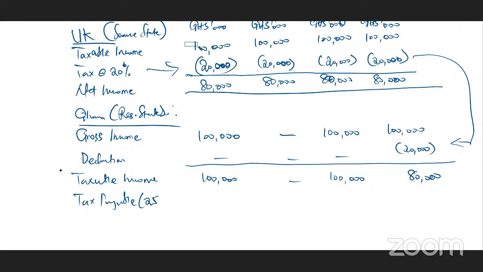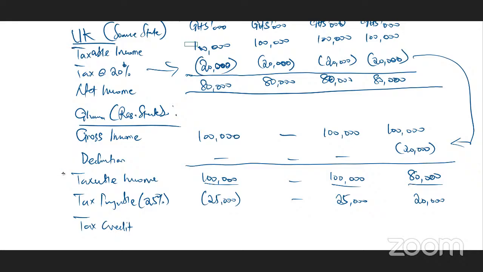Tax payable in Ghana is 25%. So on 100,000, with no relief, you pay tax of 25,000. Here too, you pay tax of 25,000. But here, no tax. And here, he'll pay tax of 20,000. But this is the only one where he's going to get a tax credit, under the credit method.